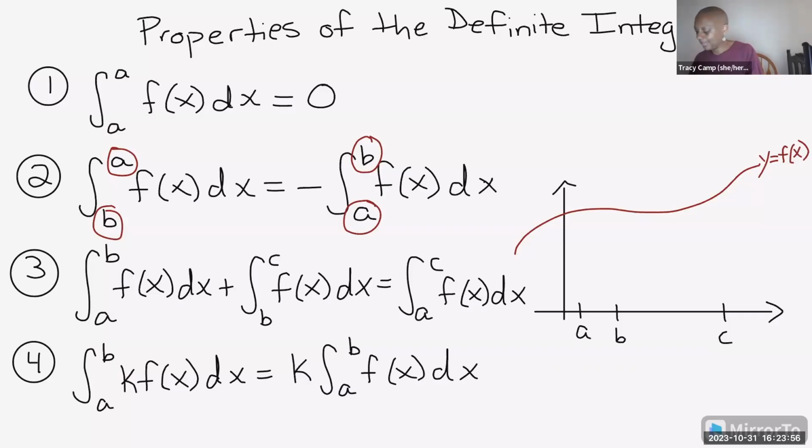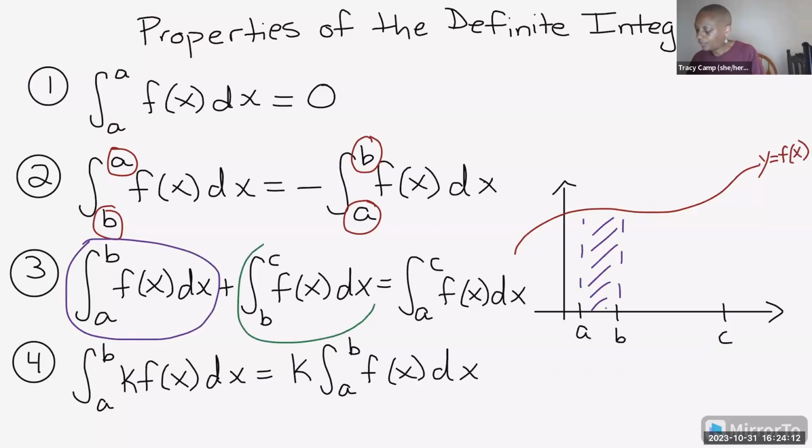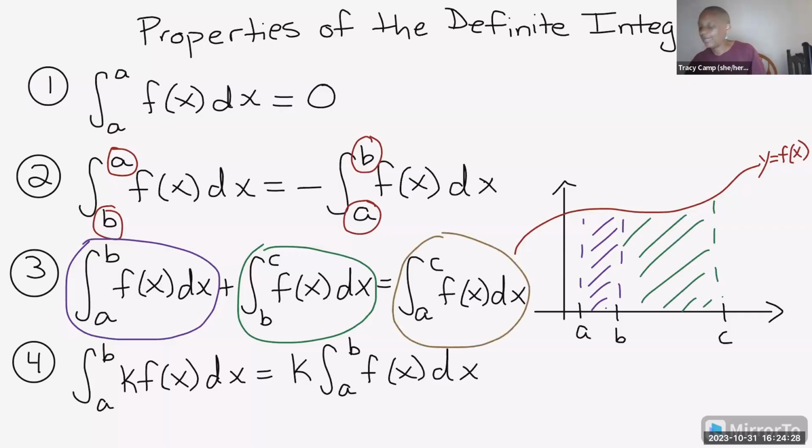So this is basically saying that if you take the definite integral from A to B of f of x dx, so you take this area right here, and then you add it to the definite integral from B to C of f of x dx, so you add it to this area right here, you're going to end up with a total area, the definite integral from A to C of f of x dx.